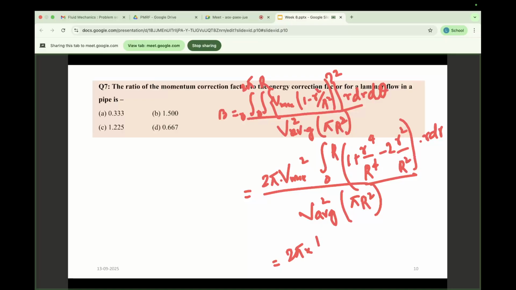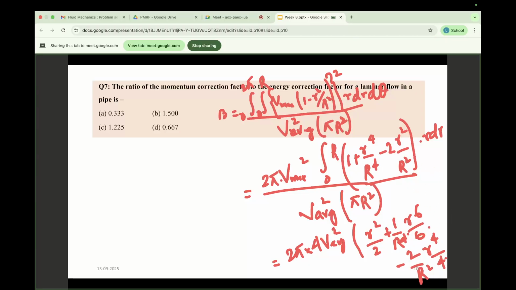So 2 pi into 4 V average square, R square by 2, then R to the power 6, next one is minus 2 by R square, R to the power 4 by 4, and this integration should be with respect to 0 to R. So you just do this thing.